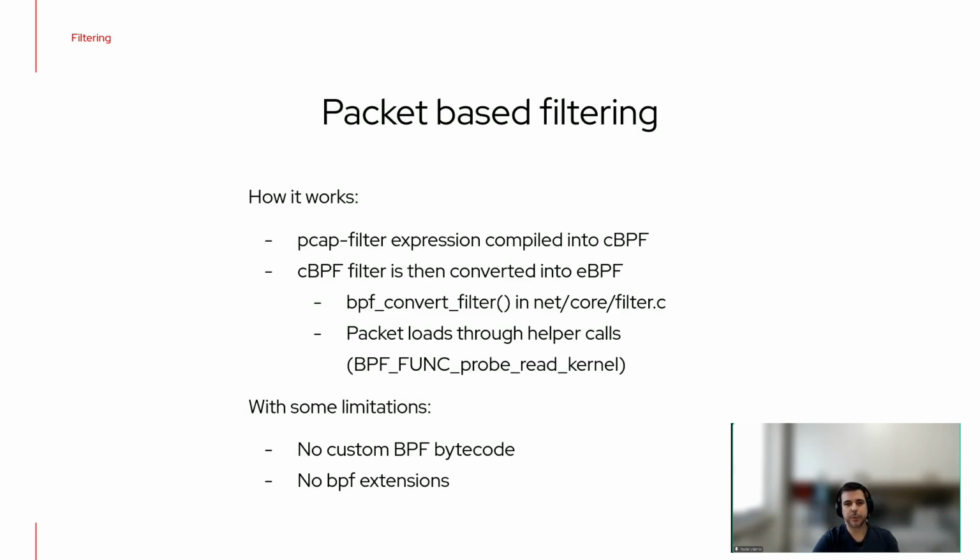The cBPF instructions are then converted into eBPF with loads in the packet data happening through helper calls. But there are some limitations though, one of which is that no BPF extension support is present, and this could theoretically be a problem, for example, in the case of VLAN matches, depending on where the programs are attached.